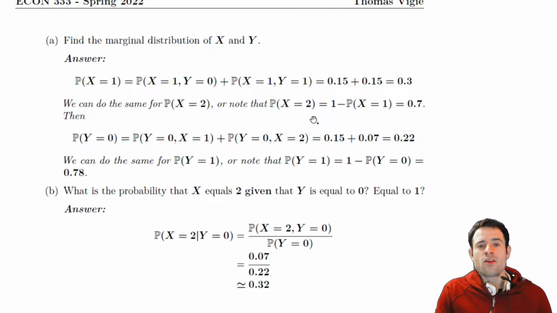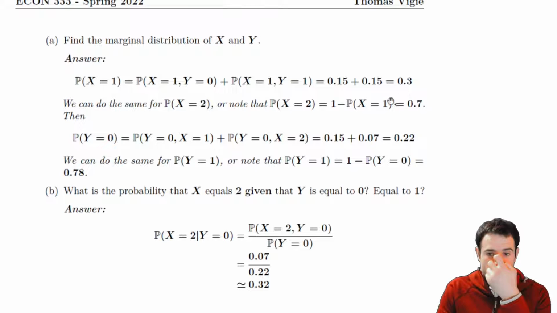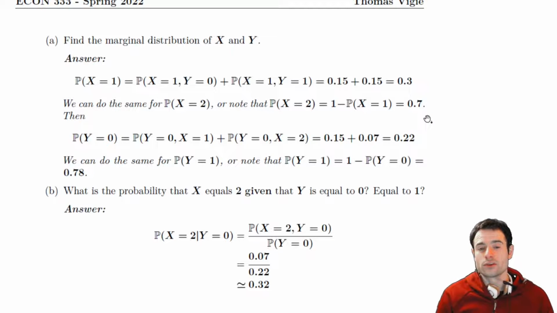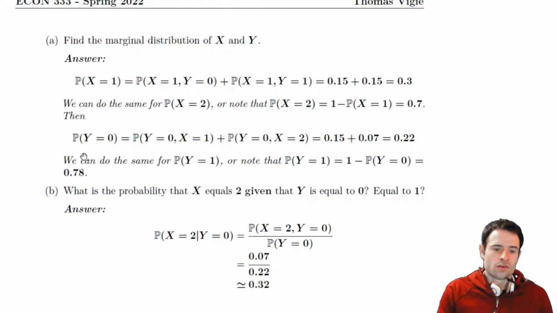Since x can either be 1 or 2, if it's not 1, then it's equal to 2. And so, the probability that x is equal to 2 will be 1 minus the probability that x is equal to 1. 1 minus 0.3, again, gives you 0.7. And I did the same for the marginal distribution of y.